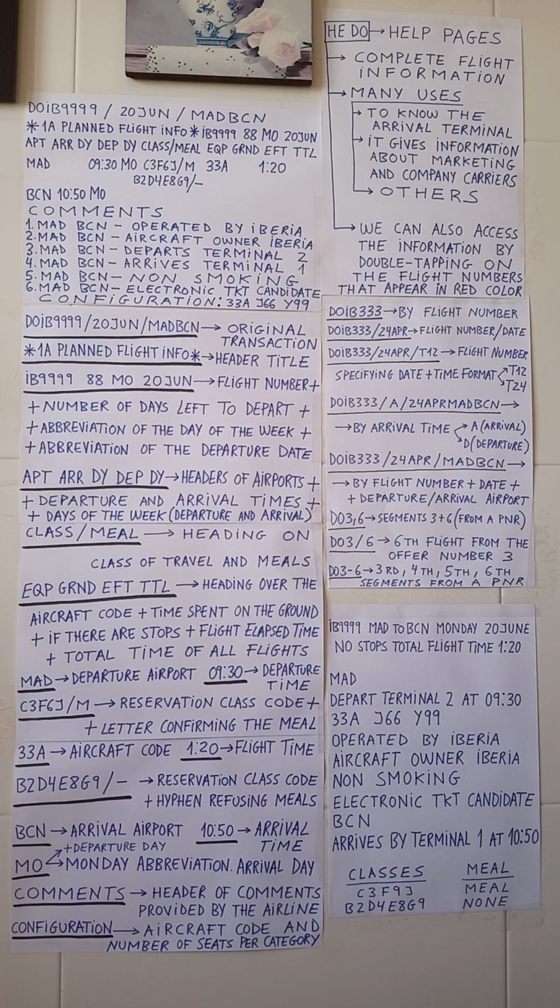EFT is the abbreviation used to indicate that below it we will see the elapsed travel time on each of the flights. And finally, TTL is the abbreviation used to indicate that below it we will see the total travel time elapsed between all flights if there are several connecting flights.